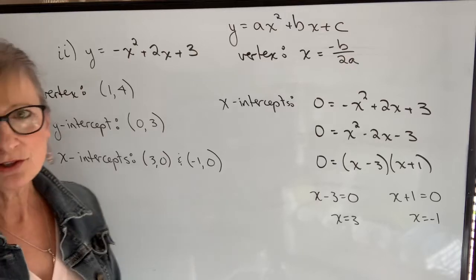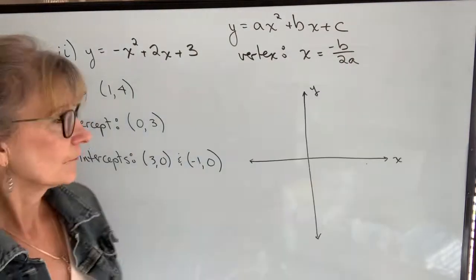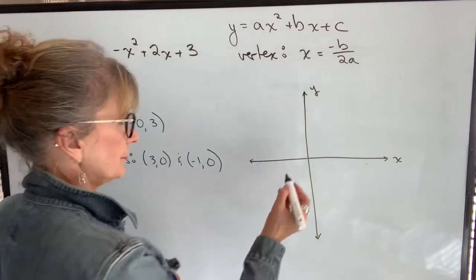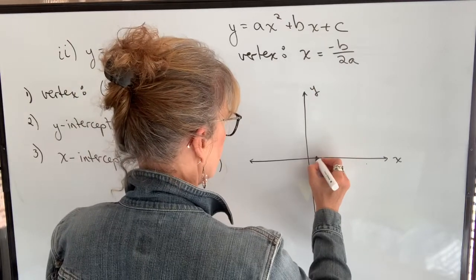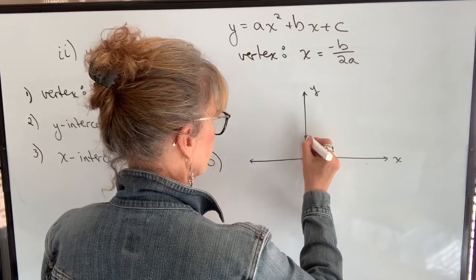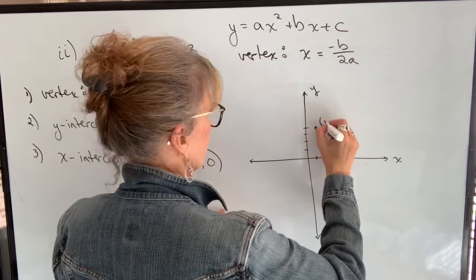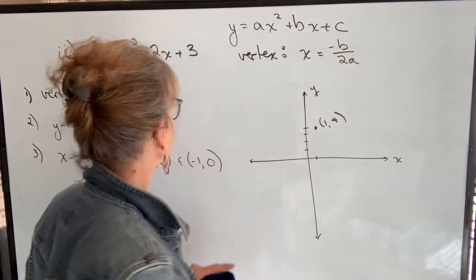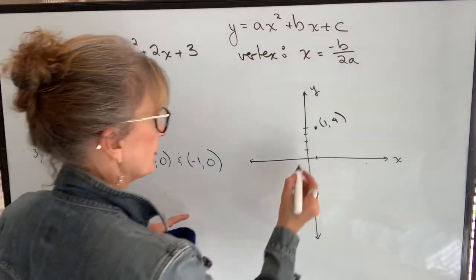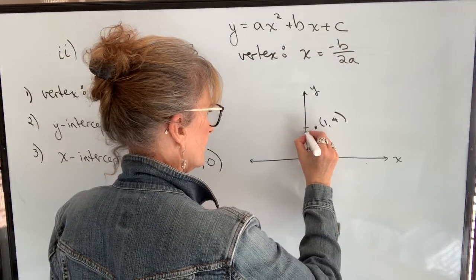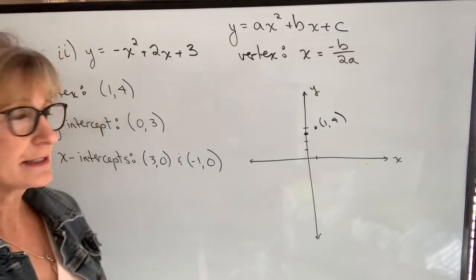So with that information, I'll now draw a graph. I'm going to plot these points as best I can without graph paper. So there's the vertex, (1, 4). We have a y-intercept at (0, 3). So that's where it crosses the y-axis.